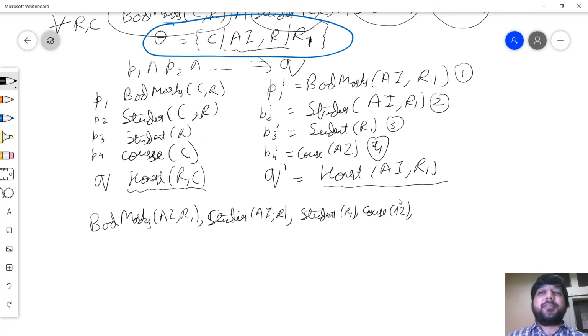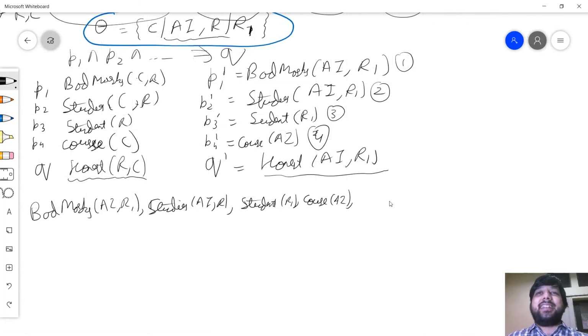This was also in my knowledge base. And in my knowledge base, because my game, my rules, I also had the general rule, which is bad marks C, comma R, and write down this complete rule implies honest C, R.